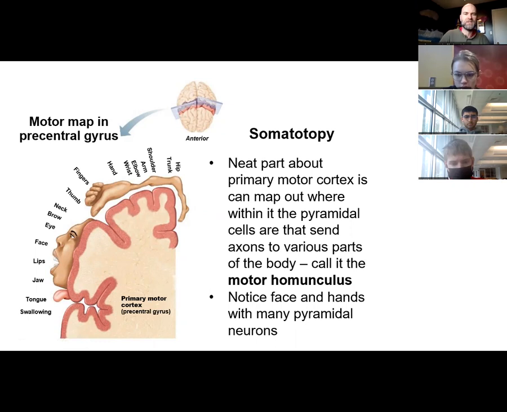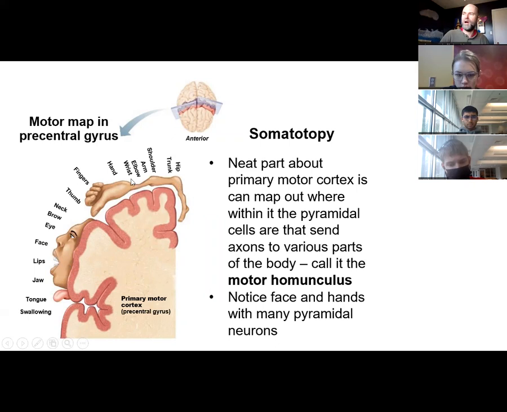And so we can map this with something called the homunculus, where the size of the structure that you see corresponds to approximately the number of neurons that are dedicated to controlling those areas. So the takeaway message from this is that most of our primary motor cortex is dedicated to controlling the hand and fingers here, as well as our face and to some extent our tongue.